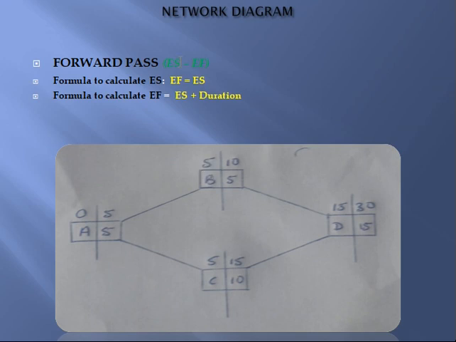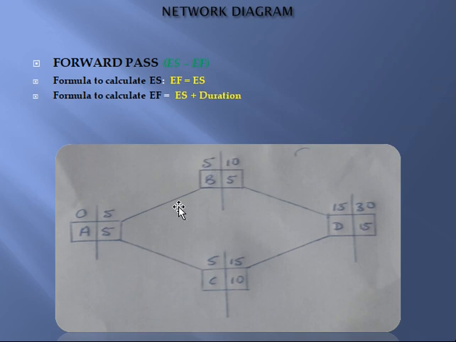The early finish for the previous activity is what determines the early start of the next activity. So since activity A will finish on the 5th, activity B has to begin on that 5th. That's how you got this 5. You simply start where the previous one ends. So that is how to get the early start for activity B.